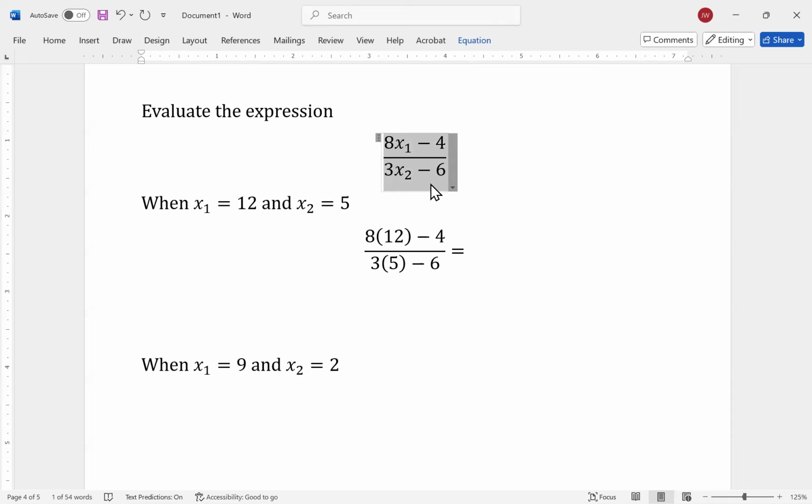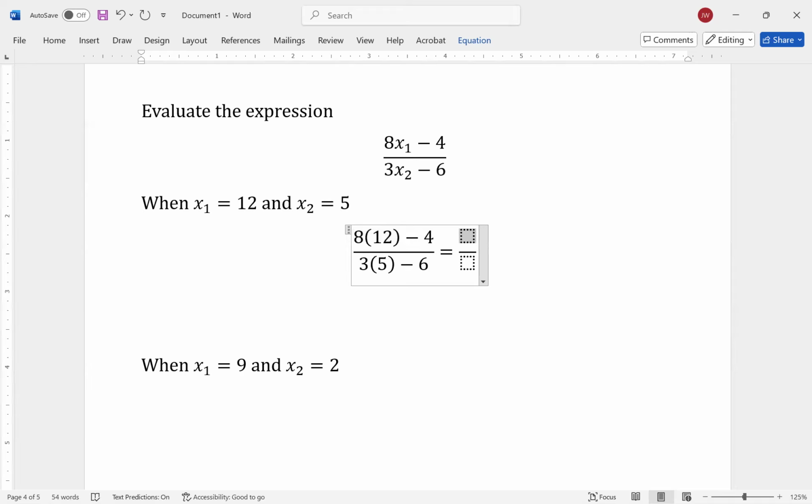I can clearly see that this is written in such a way that I need to simplify the numerator and then simplify the denominator before I actually divide.